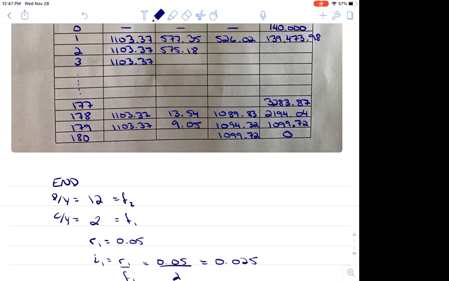So times recall 1, $4.54 in interest, making our total payment $4.54 plus 1,099.72, $1,104.26. Notice that this one is slightly different. From there, you can find how much interest was paid, just figuring out total amount paid minus total amount borrowed.